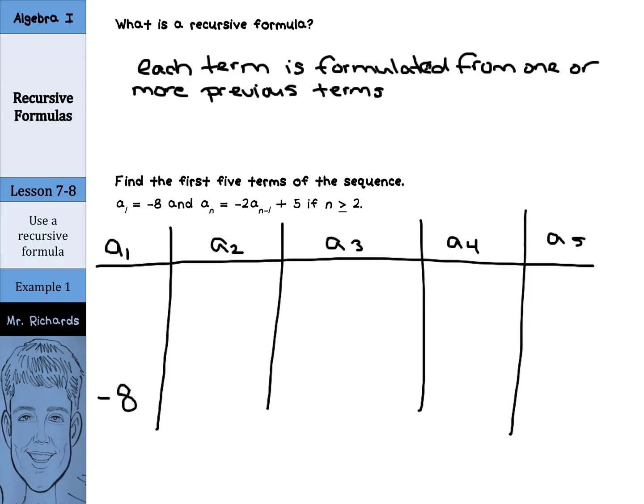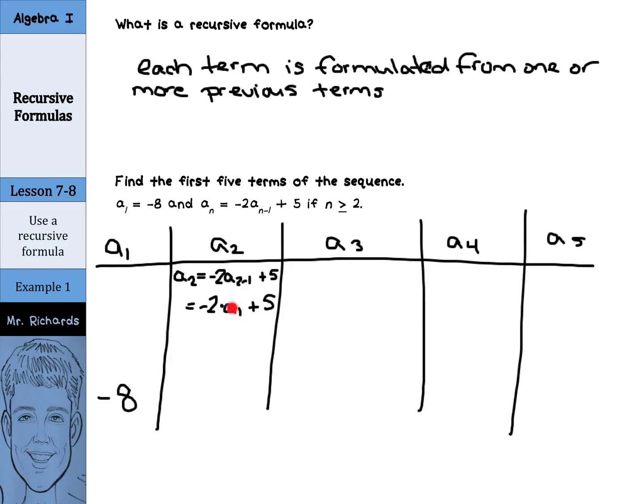Now to find our second term, A2, that's going to equal -2 multiplied by whatever our second minus 1 term is, plus 5. What does this all mean? -2 multiplied, 2 minus 1 is 1, so A1 plus 5. So what in the world does -2 times A1 plus 5 mean?